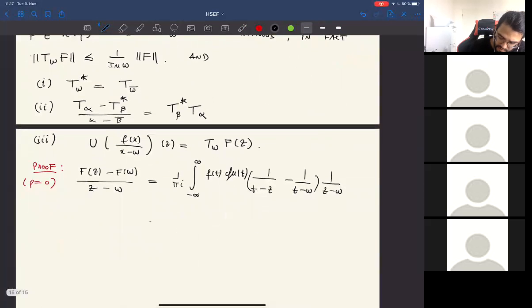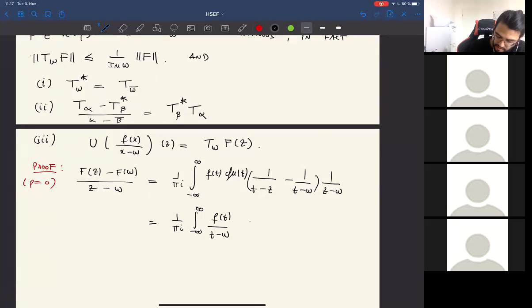And if you do this, you realize that this is just 1 over pi i, integral from minus infinity to infinity of what? You cancel the z minus w, so you have just the product. So then you can just move this t to the function.